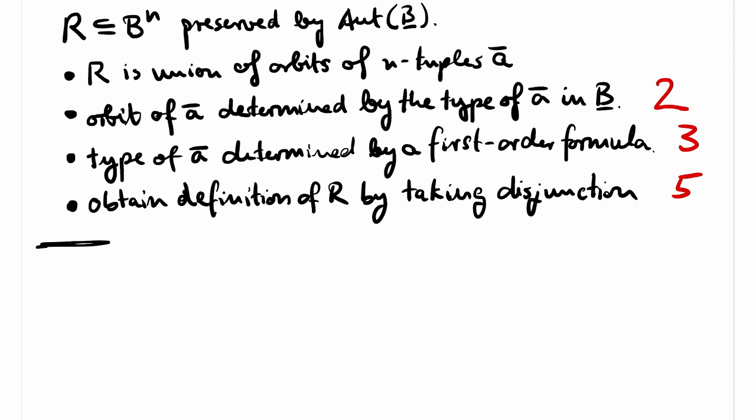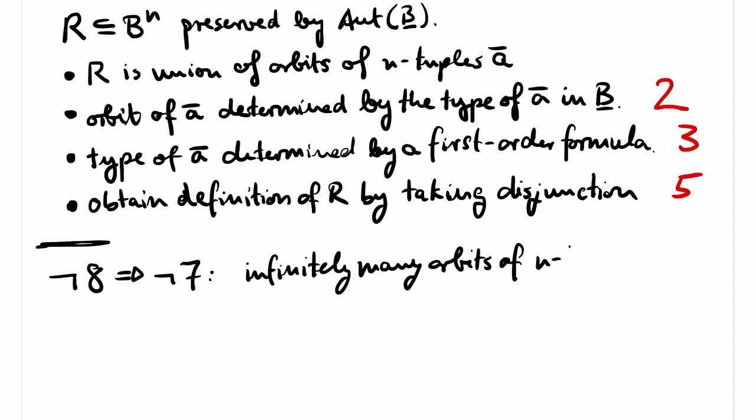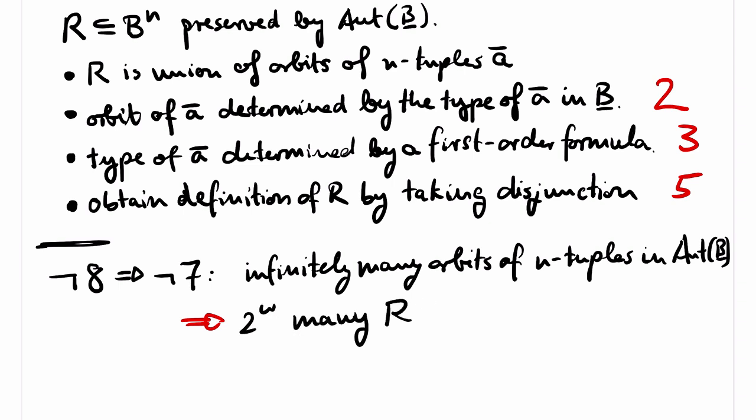For the implication from 7 to 8, we show the contrapositive and assume that there are infinitely many orbits of n-tuples in the automorphism group of B. Note that arbitrary unions of orbits of n-tuples are preserved by the automorphisms of B. So we have 2 to the omega many relations over B of arity n that are preserved by the automorphisms.